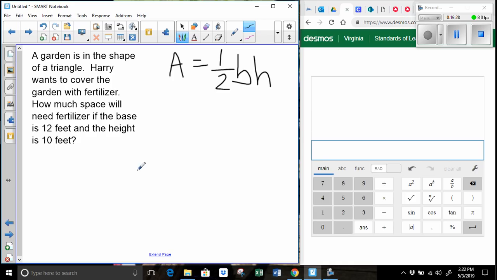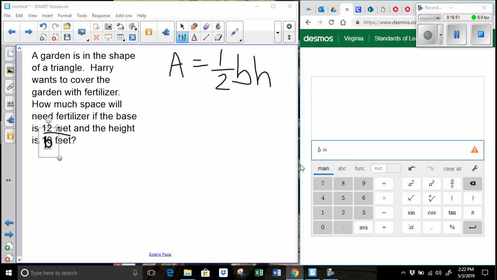Okay, so it tells us that the base is 12 feet. So what I'm going to do is using my actual keyboard, I'm going to type the letter B for base. I'm going to press the equal sign on my keyboard, which is by the backspace button.